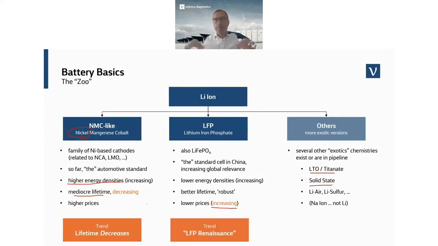So if you want to be cool at the next cocktail party, you can say, NMC, this is the one where the lifetime is decreasing over the past years, because as the energy density is becoming higher and higher, they are trading that for some safety and lifetime. And the LFP has a renaissance, this technology mainly coming from China, which has a lower energy density, but as we will see later, is also much more difficult in operation for very peculiar reasons.